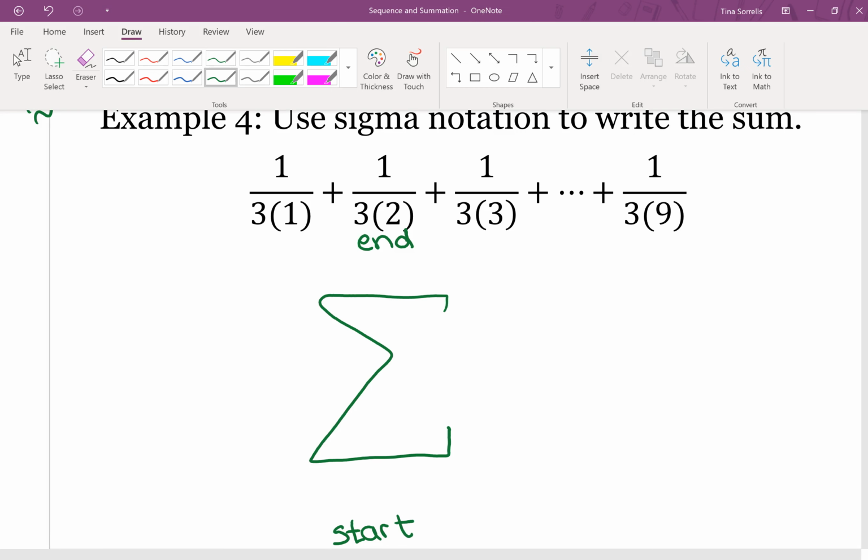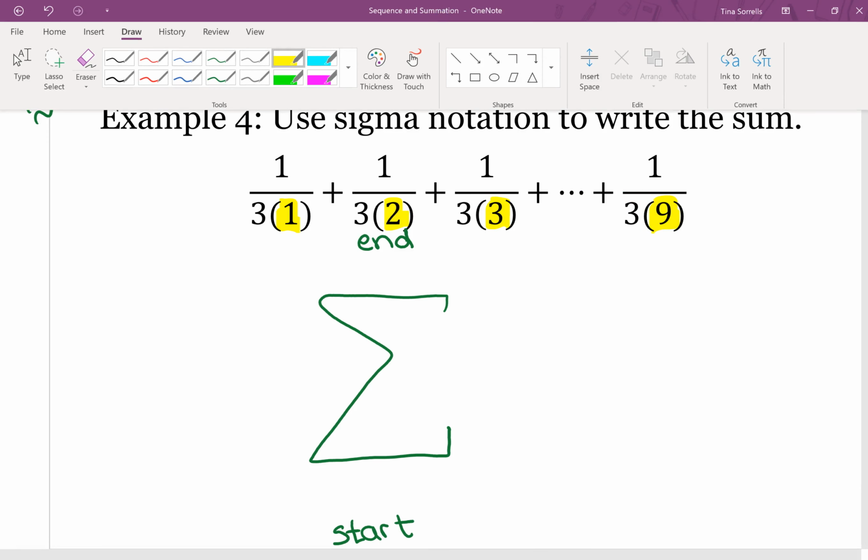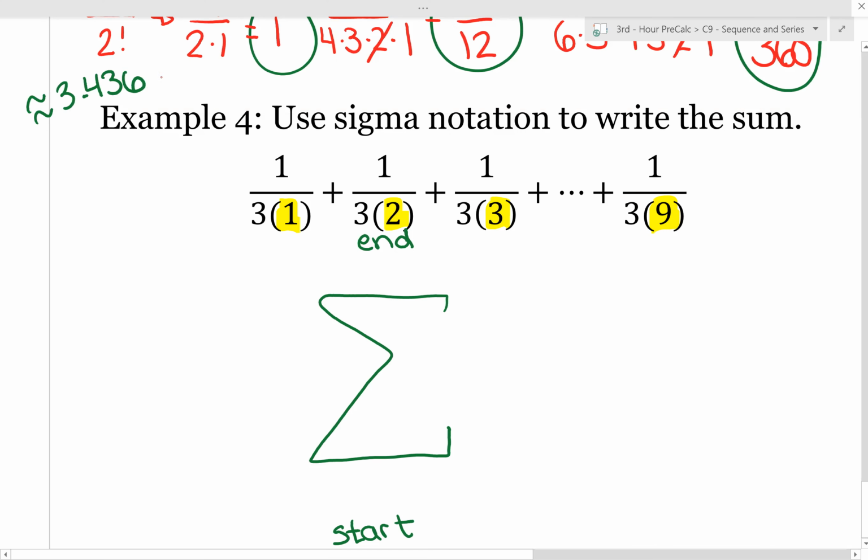So here we go. If you notice, this is what's changing. I start by plugging in a 1, so I'm going to say x equals 1. I end with a 9. If that's the only thing changing, why can't I just put an x there?